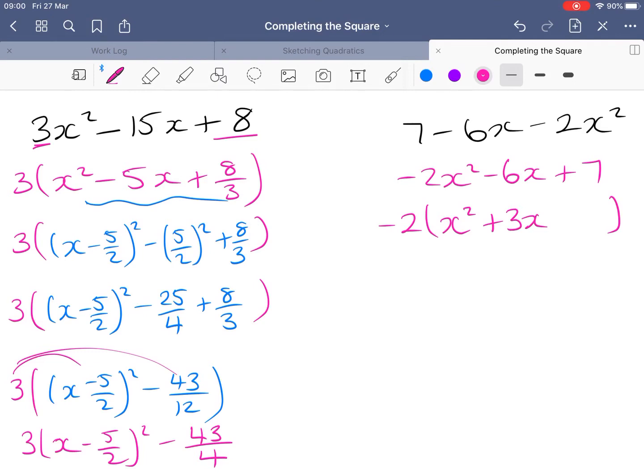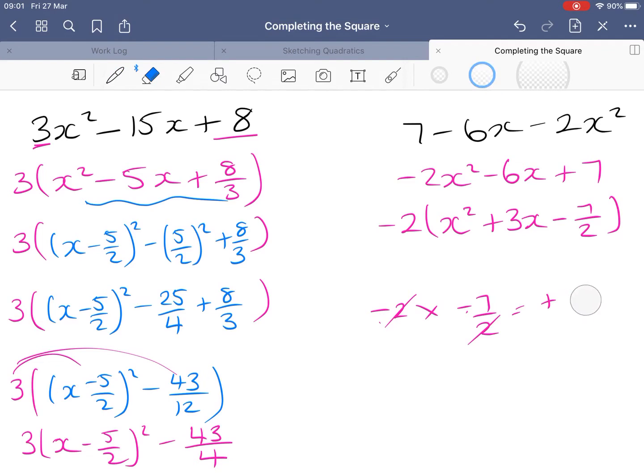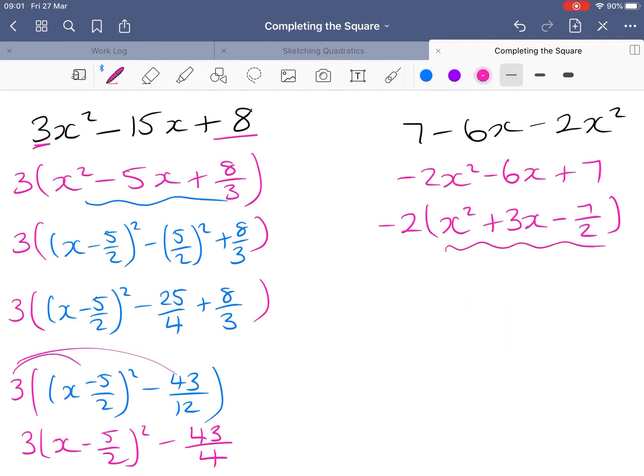But minus 2 times what would make plus 7 is going to be minus 7 over 2. Let's check that out. Minus 2 times minus 7 over 2. Well, again, negative times a negative makes a positive, and the 2's would cancel. So it would make plus 7.